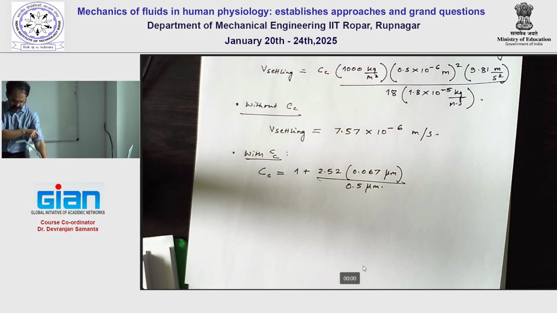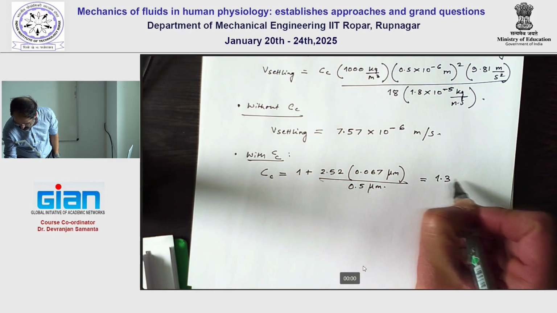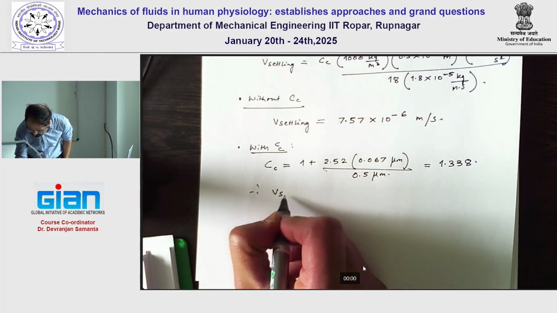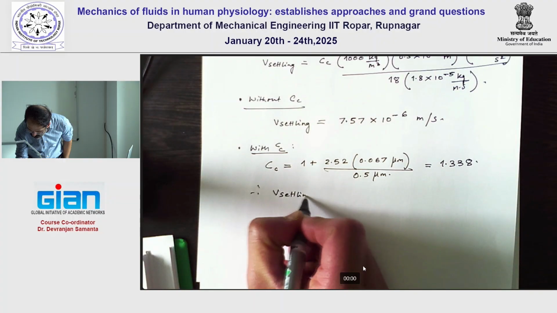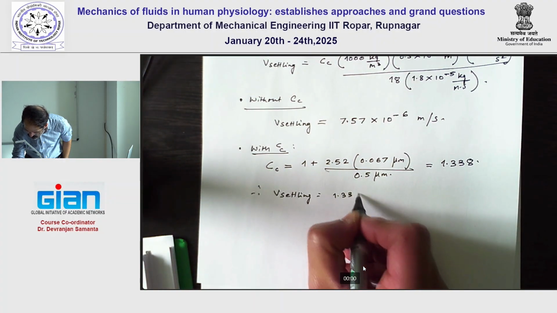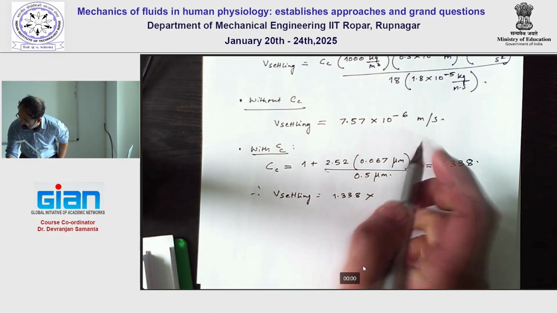Is it the Cc or the V-settling? V-settling. Okay, you are probably right because I have a different unit. So this is 1.338, I believe. Therefore, the V-settling is this correction factor 1.338 times the settling velocity that you have found before without the correction factor.